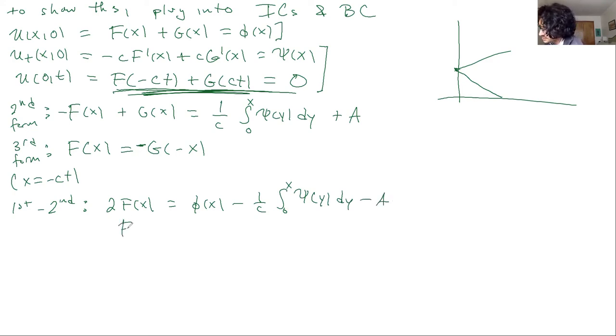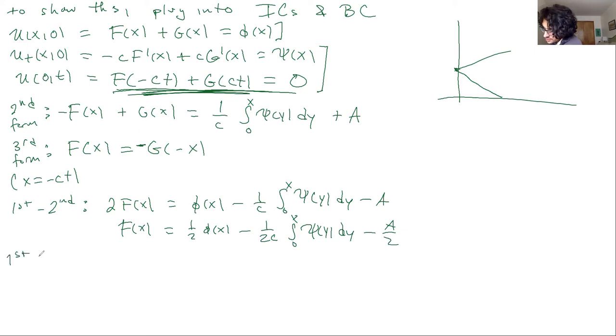So f of x is equal to a half phi of x minus 1 over 2c integral from 0 to x psi of y dy minus a over 2. Okay, so something that's starting to look like the solution is starting to emerge, okay?